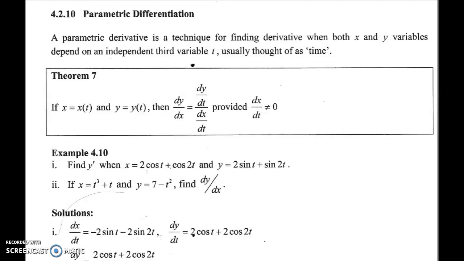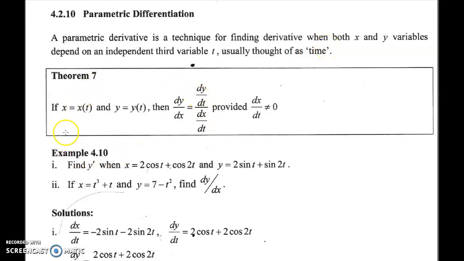And there is one more situation that might happen, which allows you to use parametric differentiation. Parametric derivative is a technique for finding a derivative when x and y depend on another variable, which is t, usually thought of as time.